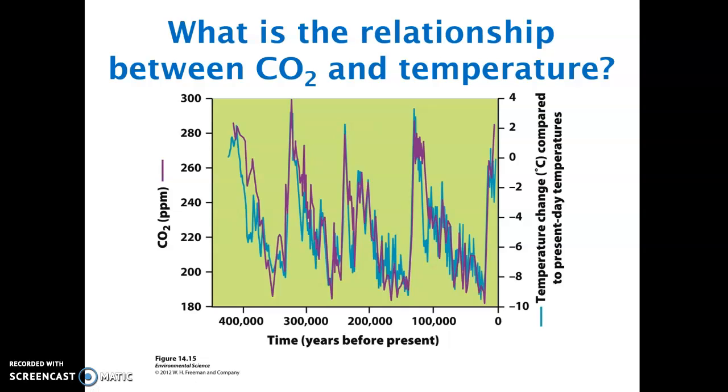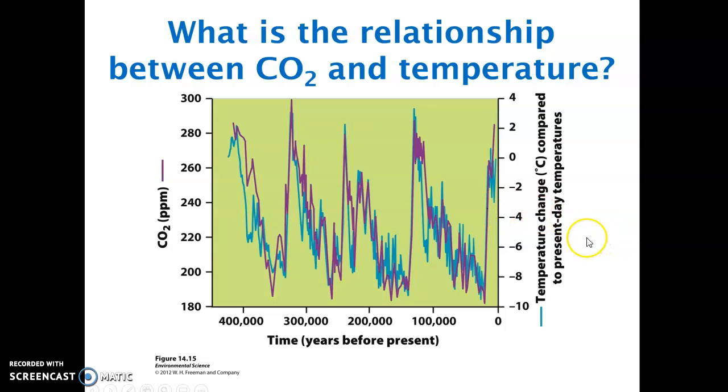And they looked at these ice cores, and in purple here, they measured the amount of CO2 that was in the ice core that is associated with these time periods. So as you see, the purple had periods of time where it peaked and it had valleys, more peaks and valleys, peaks and valleys.